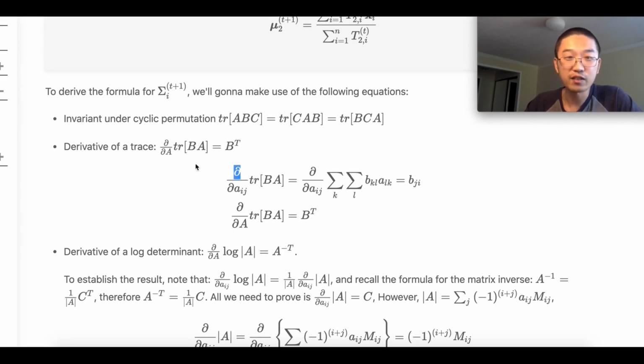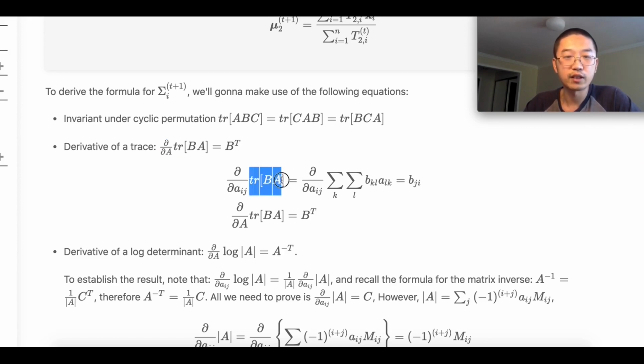The definition of the derivative with respect to a matrix is taking the derivative with respect to each term in the matrix, and that becomes the whole result. So the i-th row, j-th column term is the partial derivative with respect to the single element Aij, and we separate that.